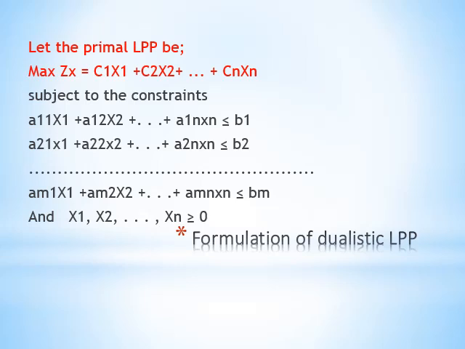This objective function is subject to the following constraints. A11 x1 plus A12 x2 plus up to A1n xn less or equal B1.